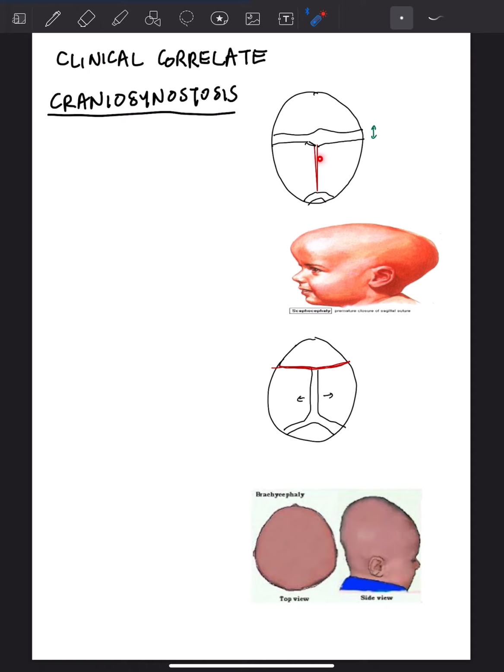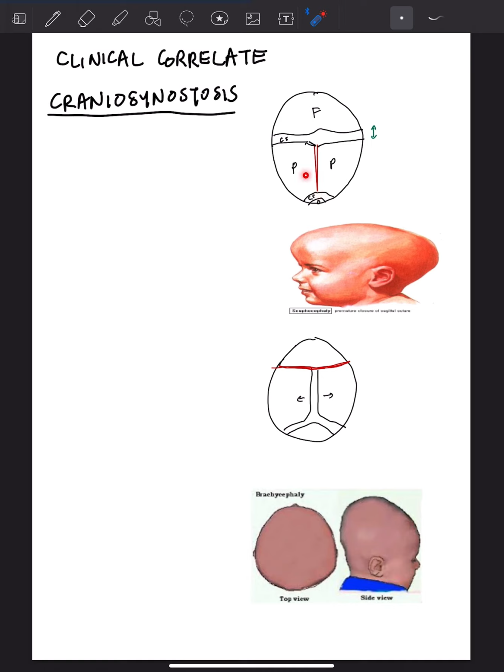Connecting these two, you have the sagittal suture, which is in between the two parietal bones. If you can still remember, that's your frontal, parietal, occipital. This is your coronal suture, that's your lambdoid suture, and in red here is what is supposed to be the sagittal suture, but it has been closed prematurely.